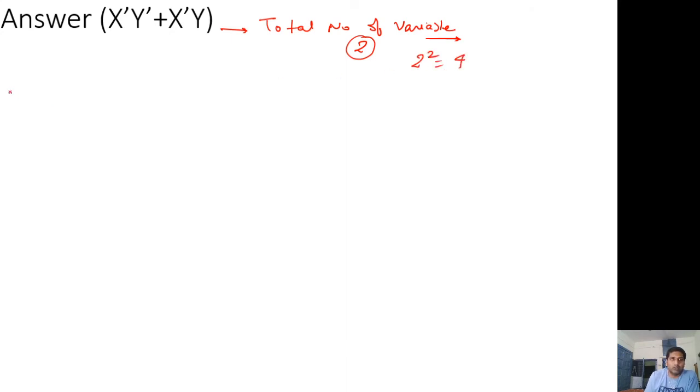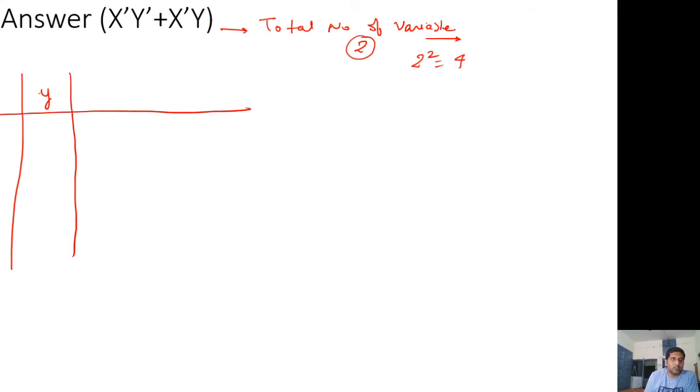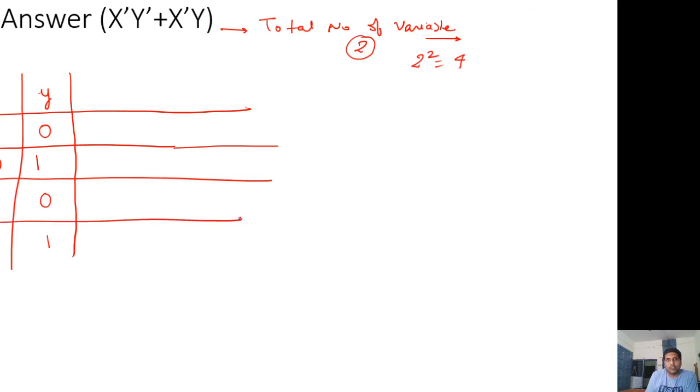Now we have to find the truth table. The first input is x, second input is y. And here is 0, 0, 0, 1, 1, 0, 1, 1. This is the possible combination of inputs.